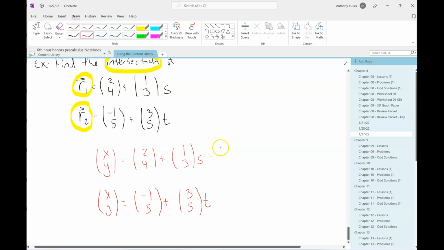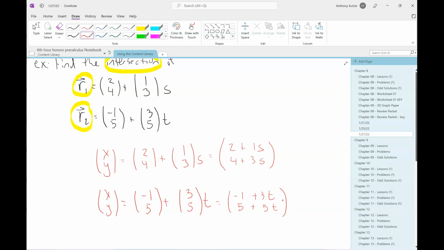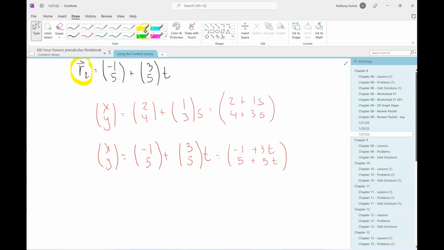I'm going to go ahead and do my vector operations to simplify this sum of two vectors into a single vector. Is everybody okay with what I did there? Pretty easy so far, so good.